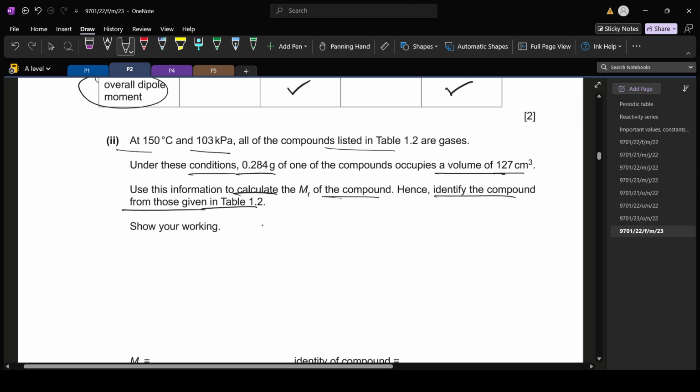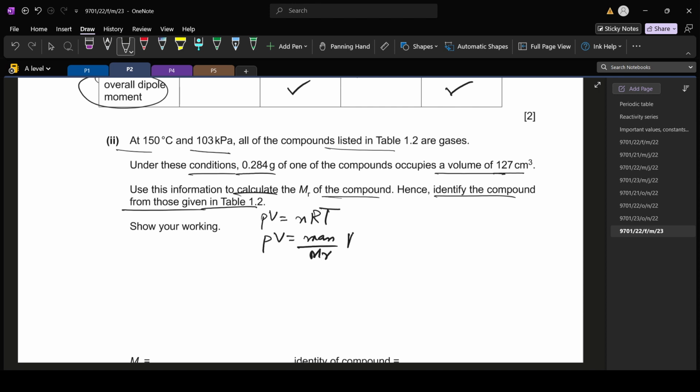So PV is equal to nRT, and you have to find the MR. So moles is equal to mass upon MR. PV is equal to mass upon MR times RT, and you have to find the MR. So MR is equal to mass multiplied by R multiplied by T over PV.